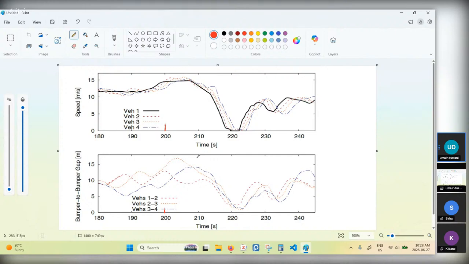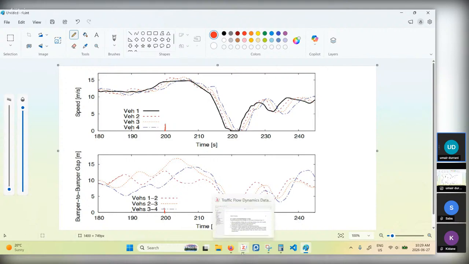So this line has a higher gap definitely than vehicle 4 that is following vehicle 3. Similarly, vehicle 3 that is following vehicle 2 also has a small gap compared to vehicle 2. So we see that there definitely is a different driving style here because they are keeping the same or similar speeds, but different gaps.